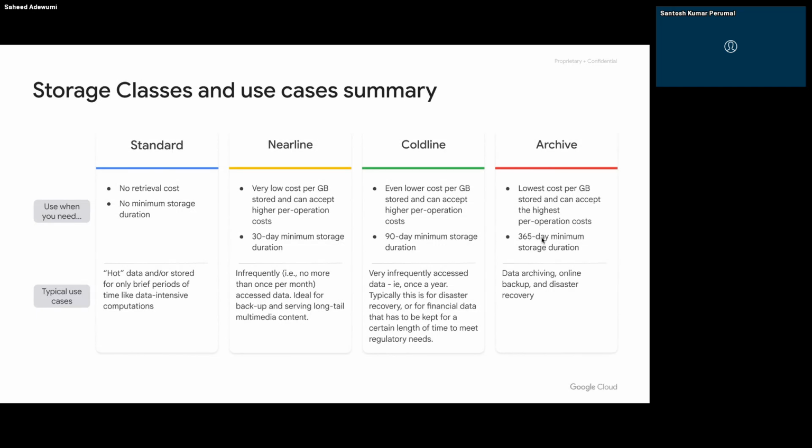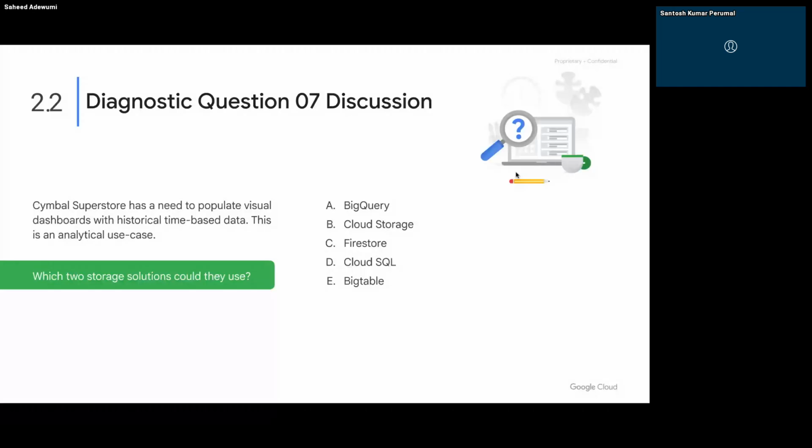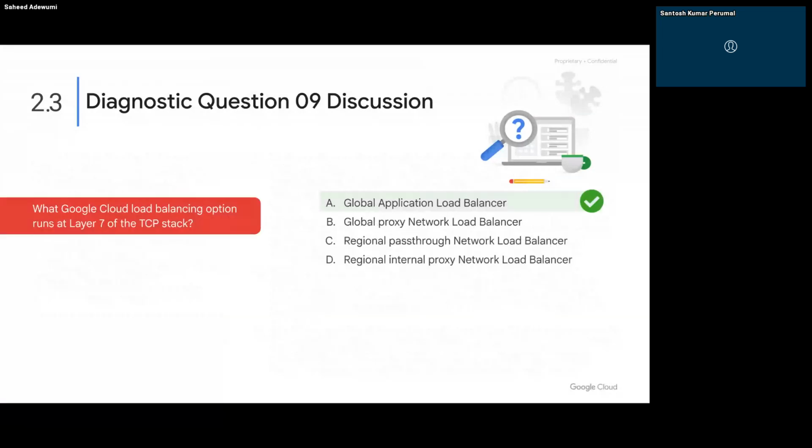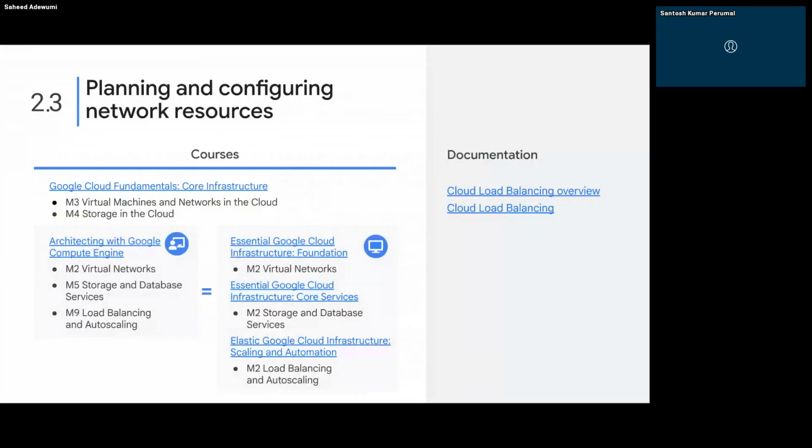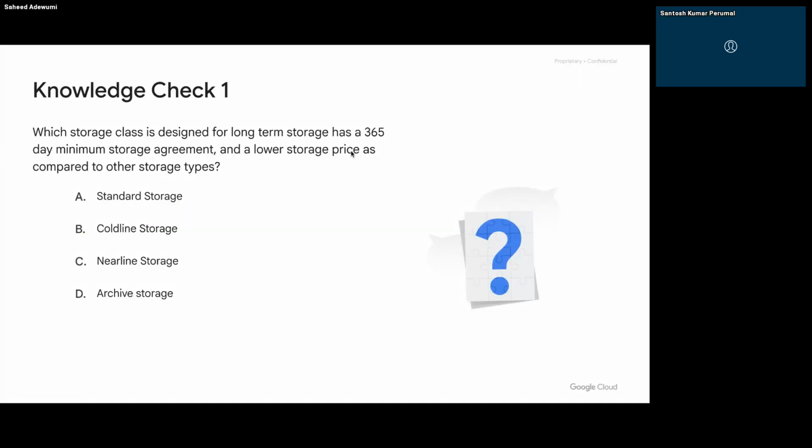We have the 365-day minimum, so the solution should be Archive. It's almost a year. So yes, the solution is Archive.